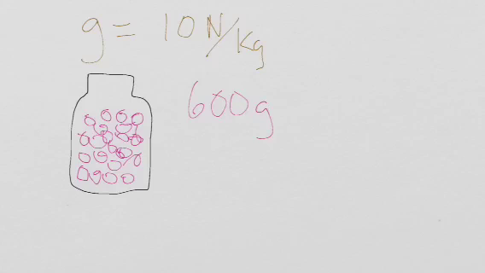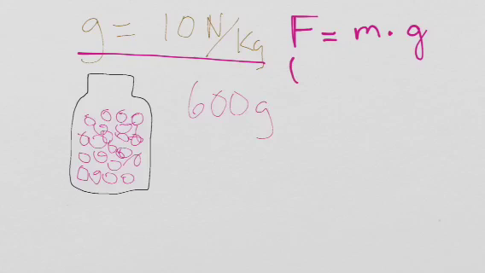Because, and I'm going to tell you why. When we look at a force calculation, when we're looking at calculating the weight of an object, force is equal to the mass of the object times the gravitational constant. The gravitational constant you will always be given, but the mass, okay, the units here for force are always in newtons.